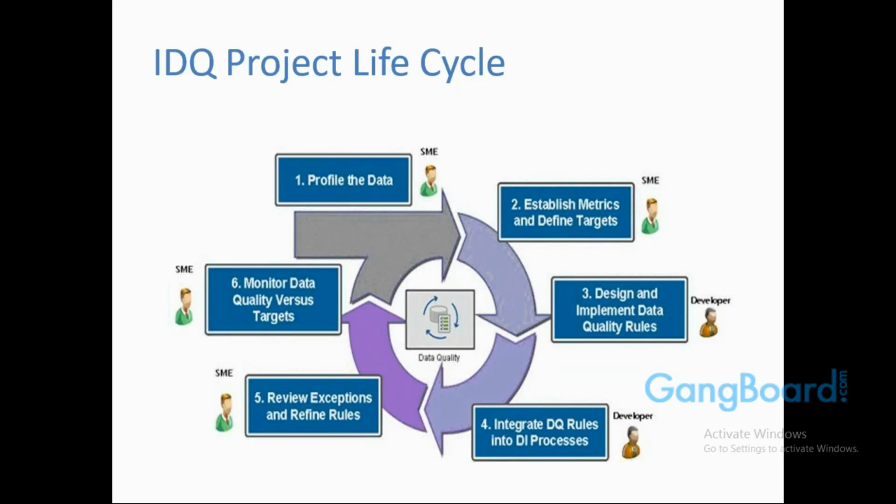The question I'm asking is, while profiling the data, business users are going to give us the set of rules, right? Is the set of rules designed by the business analysts, or do we get it from the users themselves?